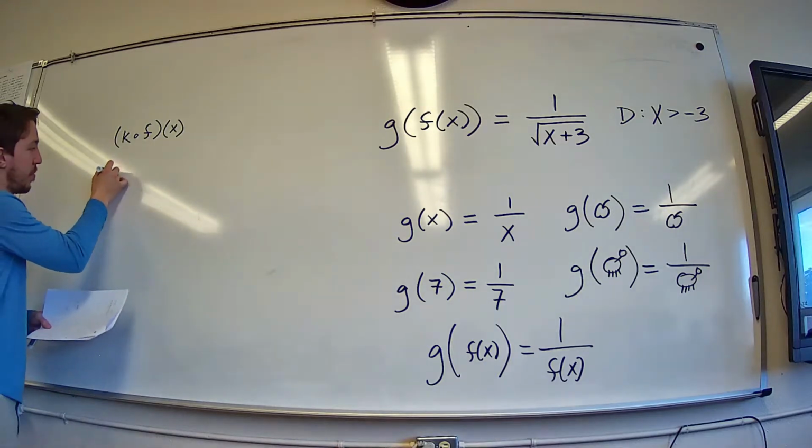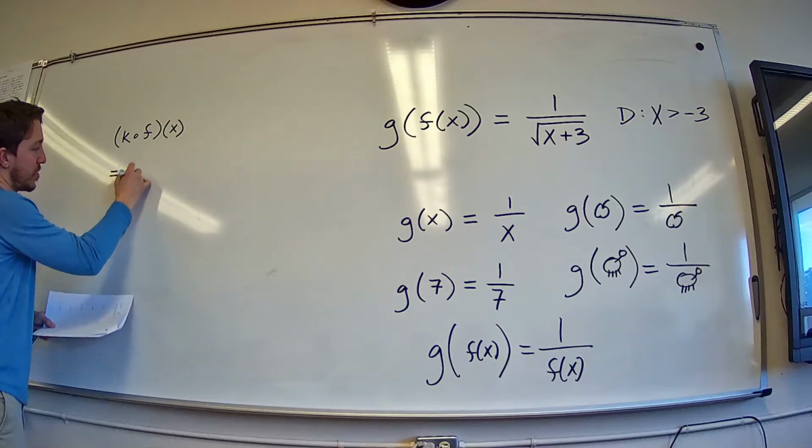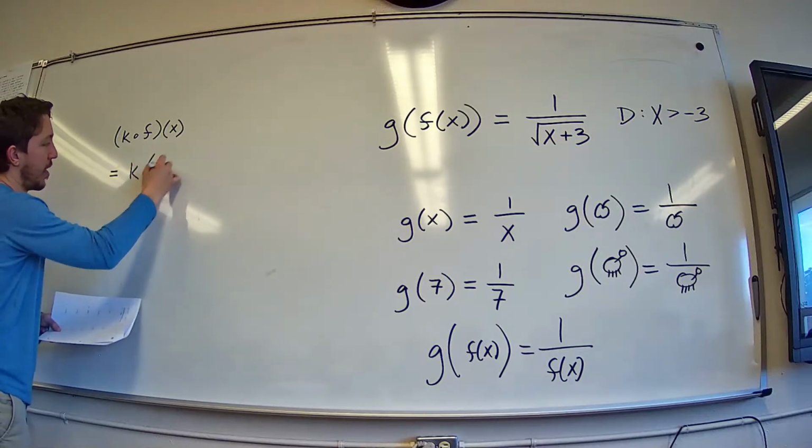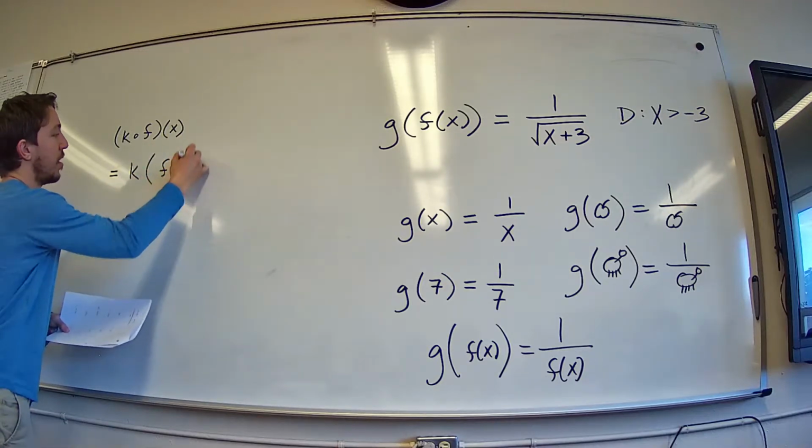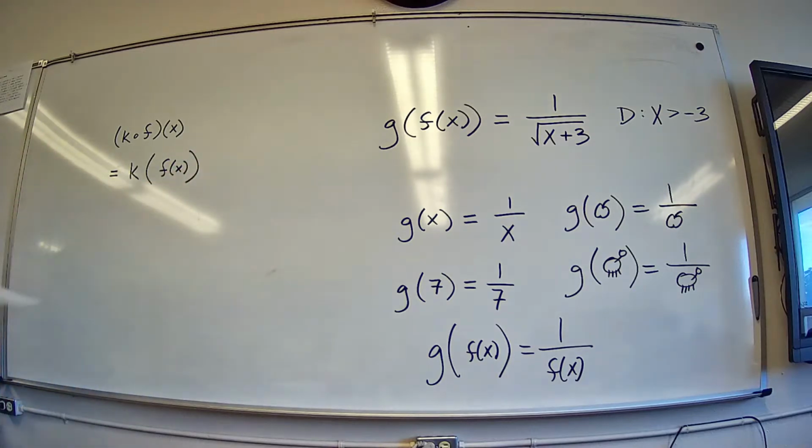So the first thing you might want to do, if it helps, is to say K of f of x. So let's use the same kind of argument as last time.